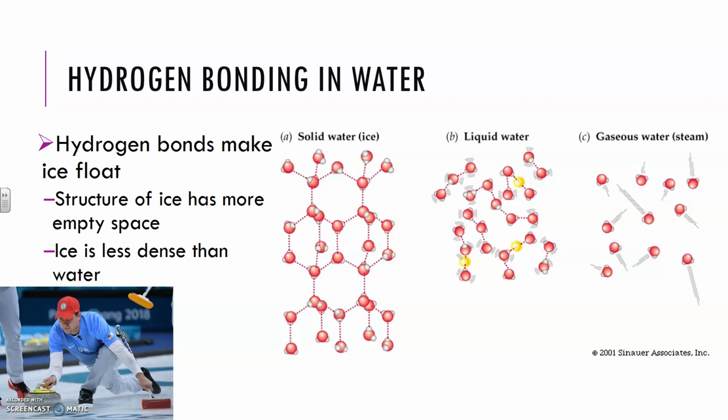The ice for a curling rink is kept just below freezing, so when they sweep the ice, they're putting enough heat into it that it's melting a thin layer of that ice and creating a water path for the rock to slide on, which helps the rock slide a lot better and move faster and further. So that's how curling works. And as soon as they stop scrubbing the ice, it freezes again. So it's a pretty delicate balance that they have going on there.